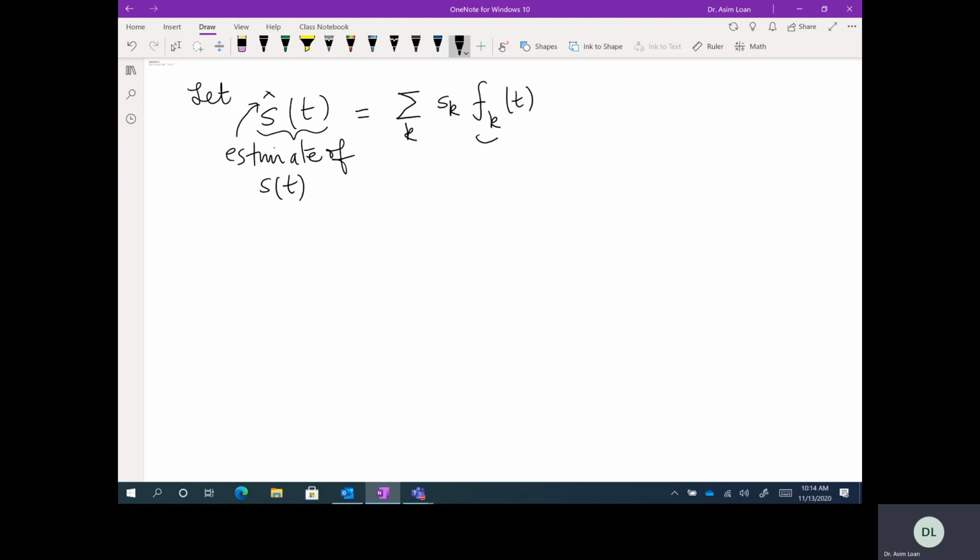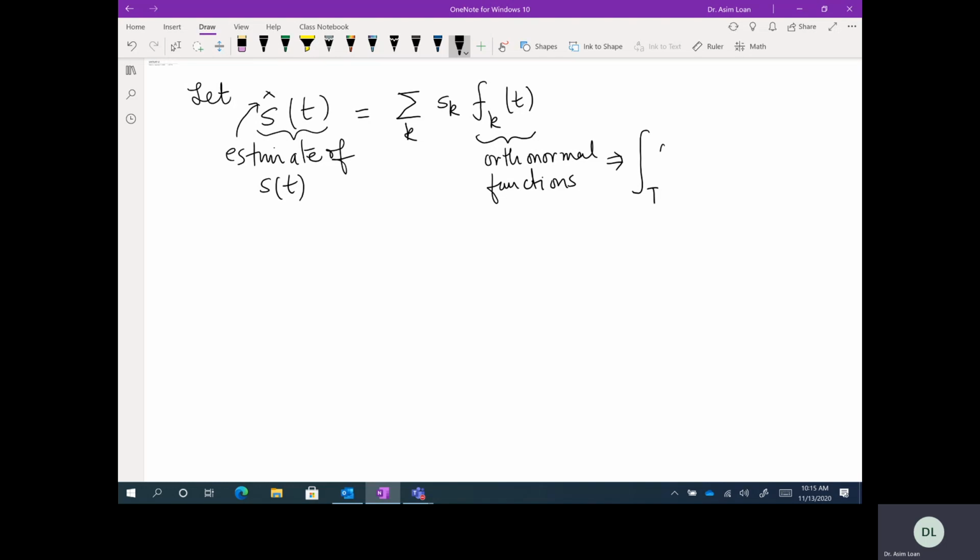These f_k's are orthonormal functions, and this is simply the definition of a spanning set. Since these are orthonormal functions, obviously these are periodic.